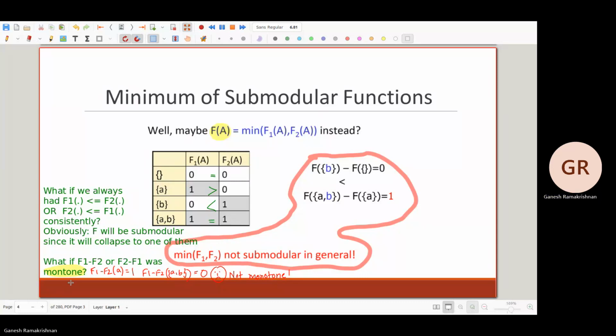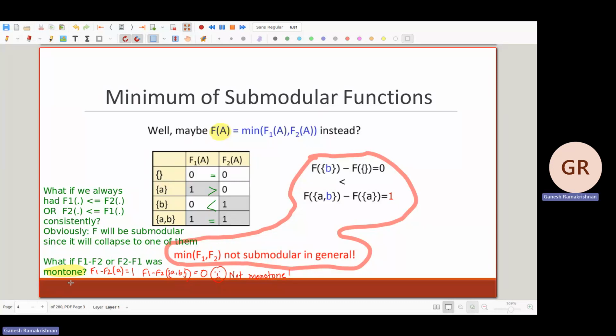It is not monotone. Why is it not monotone? So min is not monotone. You are saying min is not monotone, right? Because here it's 0 and here it's 1.